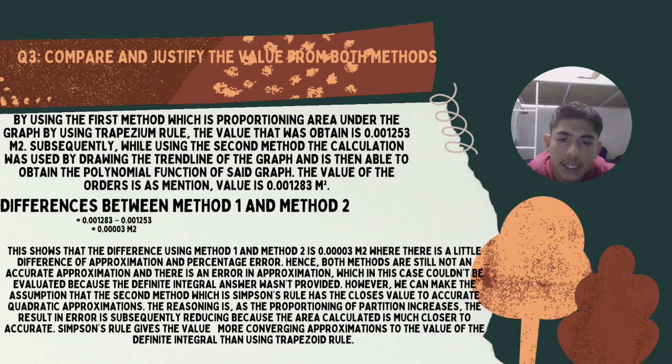The reasoning is that as the number of partitions increases, the error is reduced and the result gets closer to accurate. Simpson's rule gives a more convergent approximation to the value of the definite integral than the trapezoid rule.